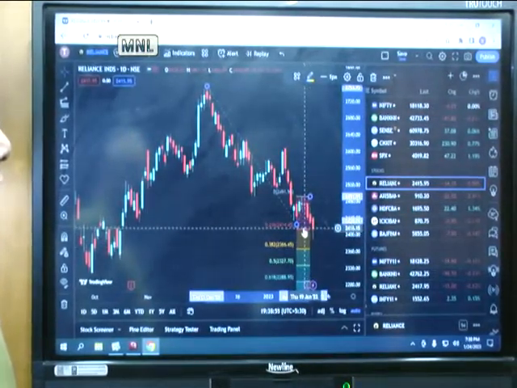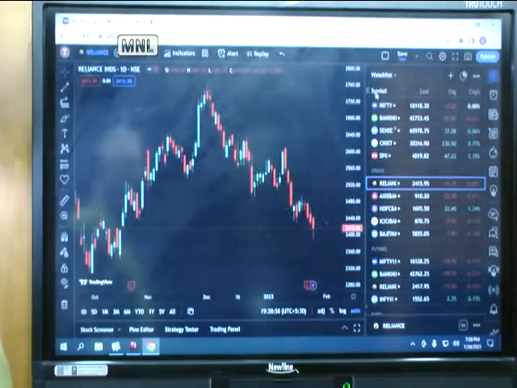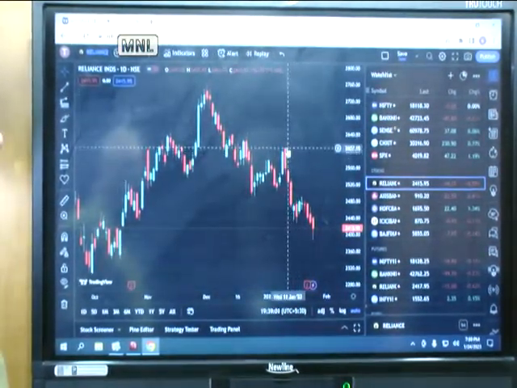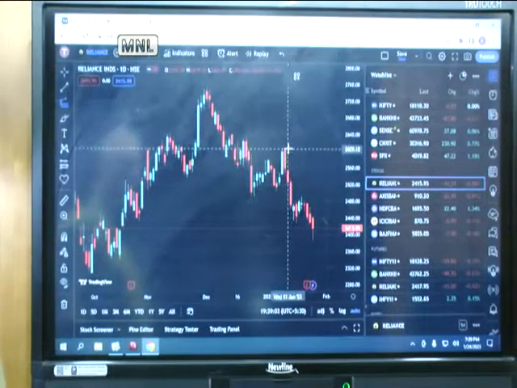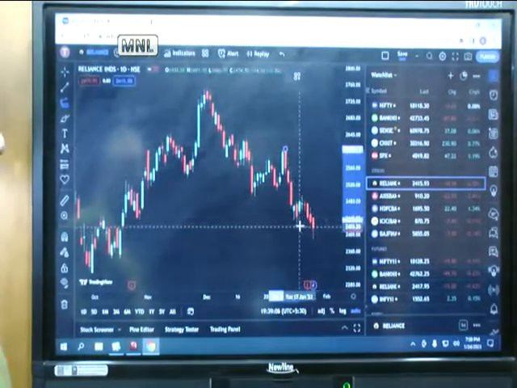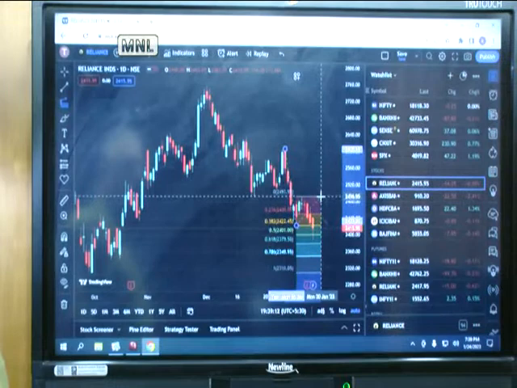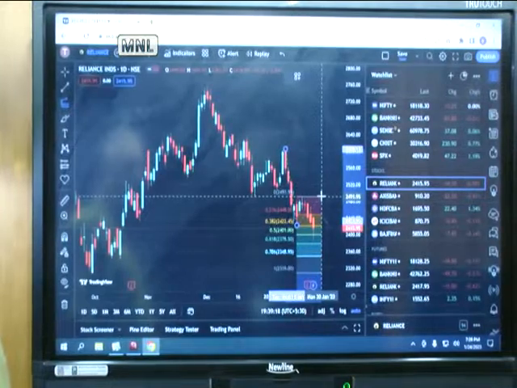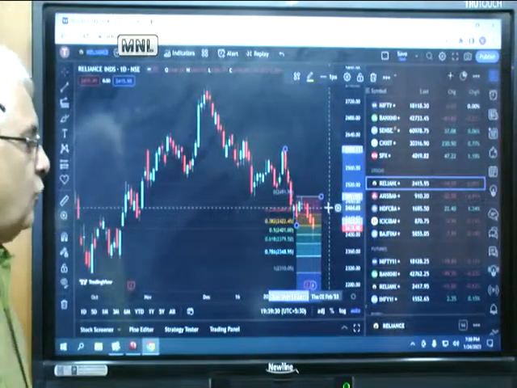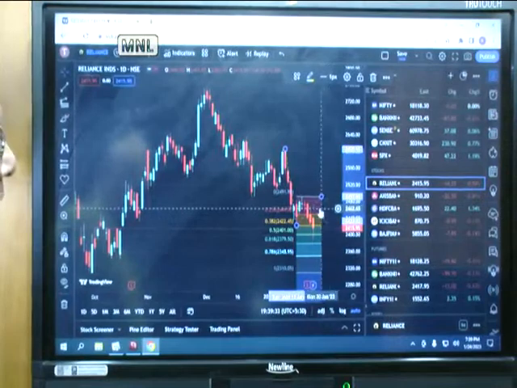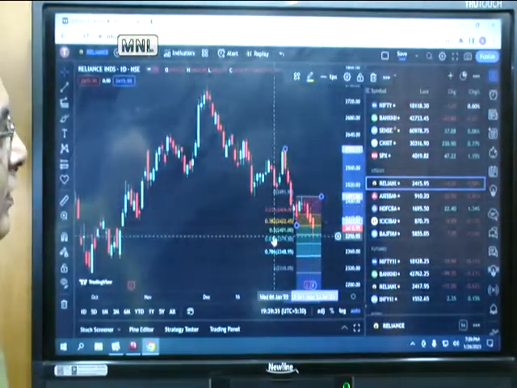Okay, so we will remove this from this level. 23.79. 23.80 to 24.01. So 23.80 is what probably you would have been expecting based on this, and it came to 23.87 and started to move up.